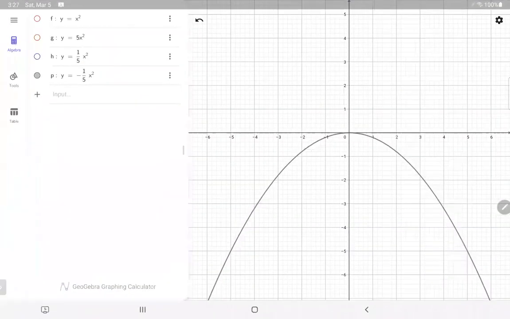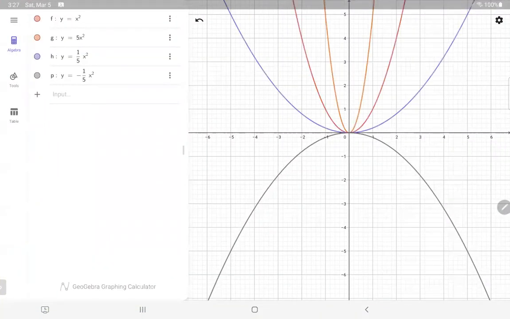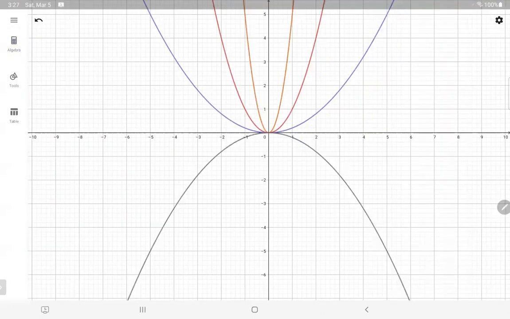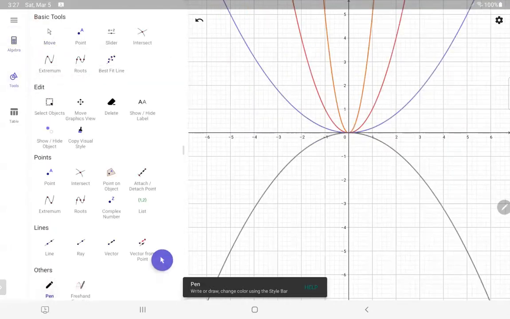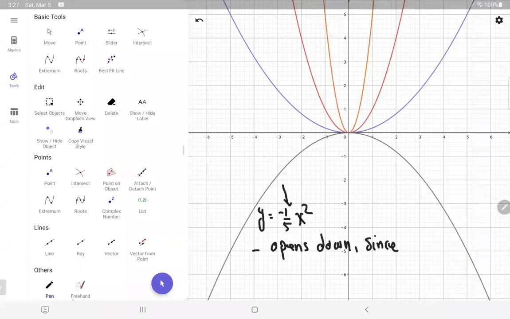So you go back here. Let me write what we found here. This one is y equals -5 x squared, right? So it opens down. Why? Do you remember this value, we call it a, right?